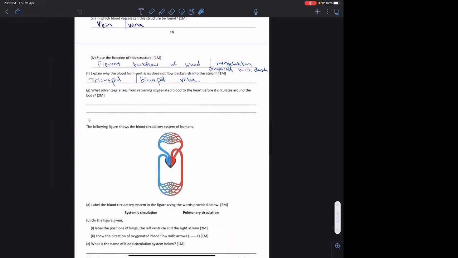Okay, double circulatory system. So what advantages arise here? You have higher blood pressure. Okay, tekanan darah lebih tinggi. Because once going through the lungs, the blood will slow down. So before they go to the body cells again, my heart will pump again. So they increase the speed again.